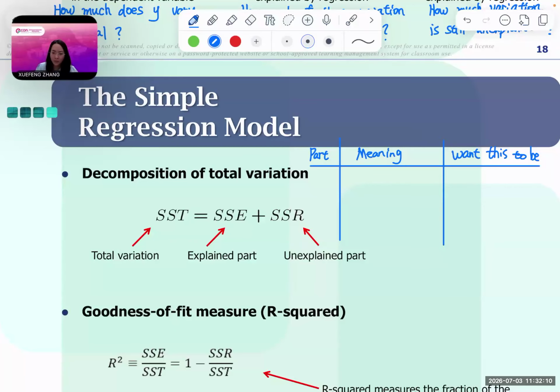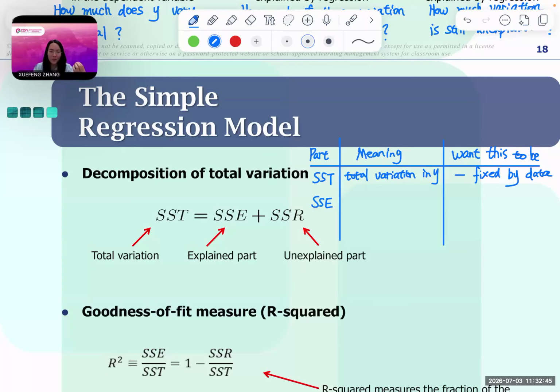First one, SST, total variation. It means total variation in Y. We want this to be fixed by data. The next part is SSE.